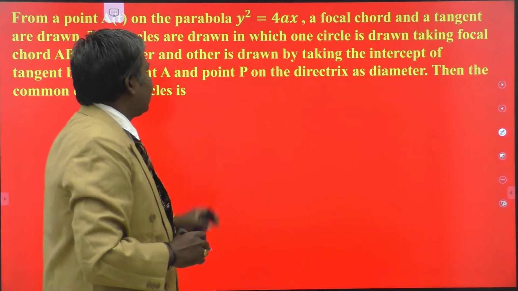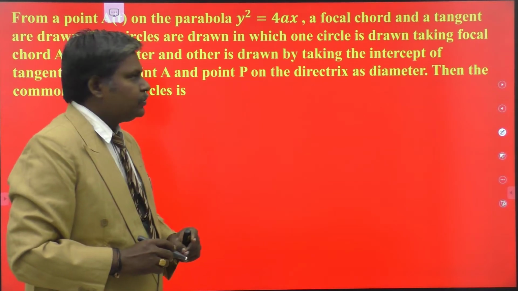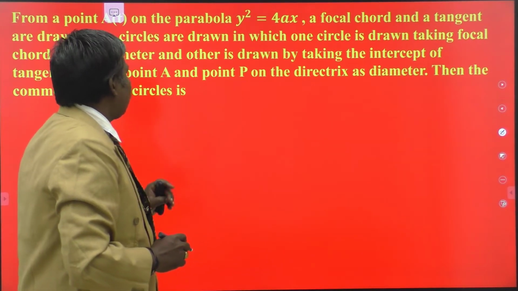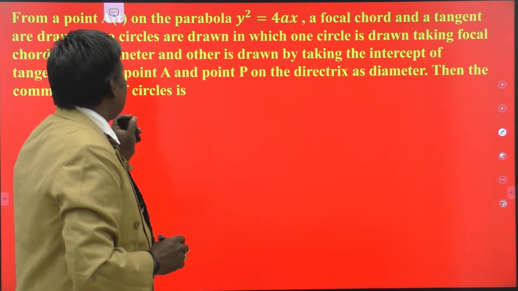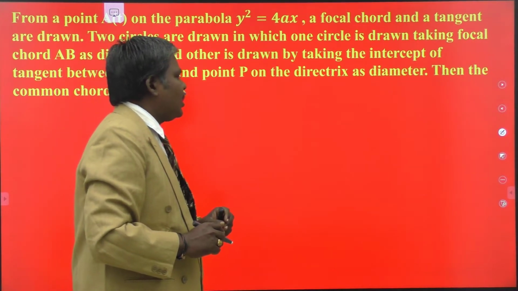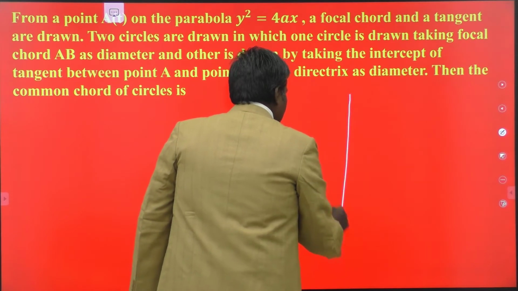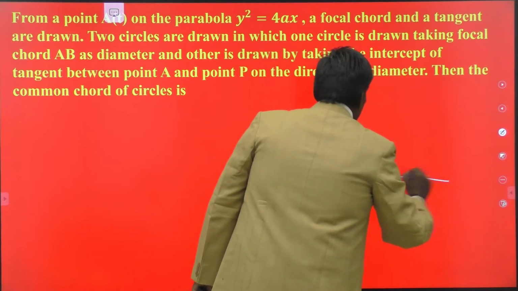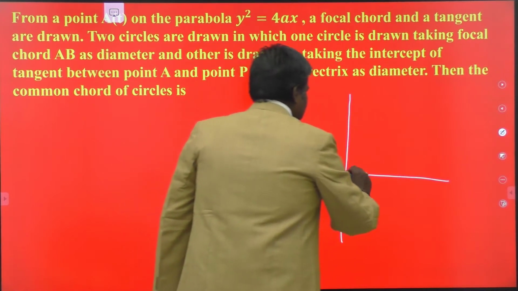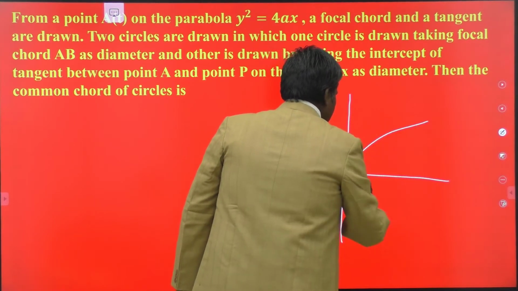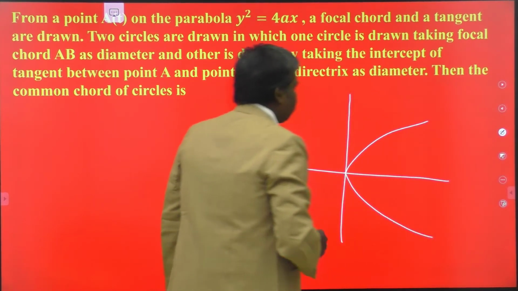By drawing the diagram itself, we can conclude. See here, what you have to take? First of all, you take A(t) as any point on the parabola y square is equal to 4ax. Let us try to draw the rough diagram for this one. These are the coordinate axes. This is my parabola y square is equal to 4ax.